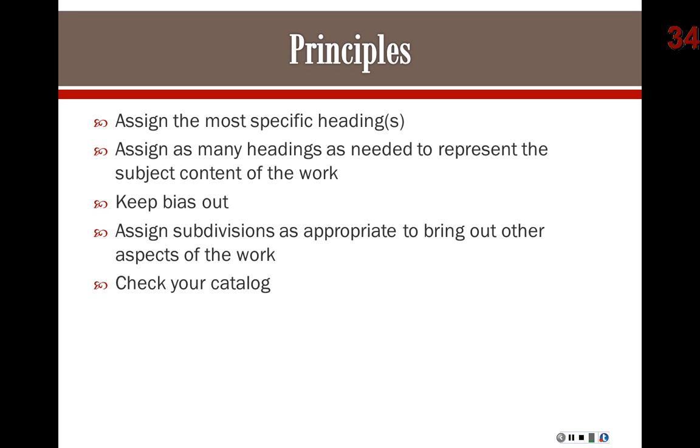So you really have to ask yourself again, what is this book about? What is the bulk of the information about? Is the focus on one thing, or is the focus on a couple of things about that one thing? Again, keep bias out.